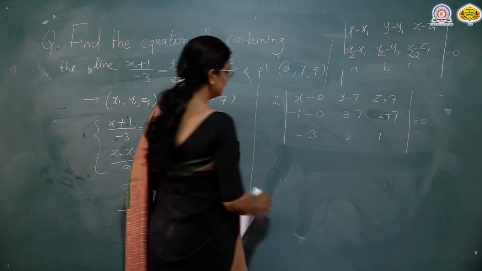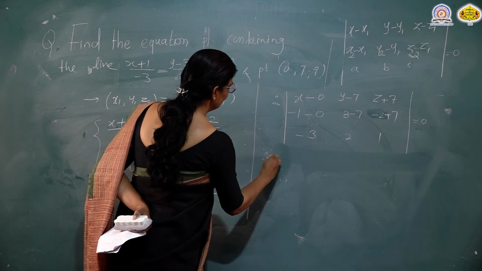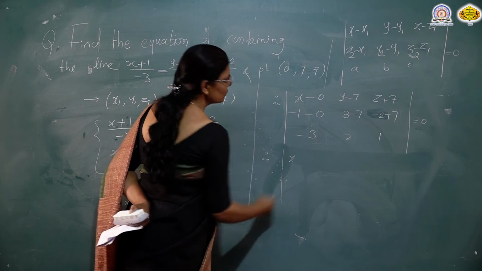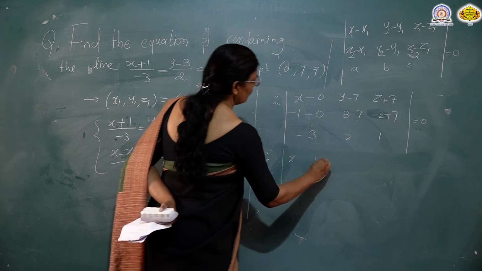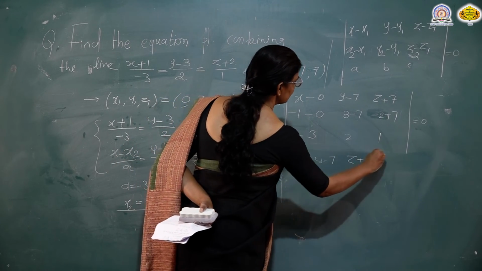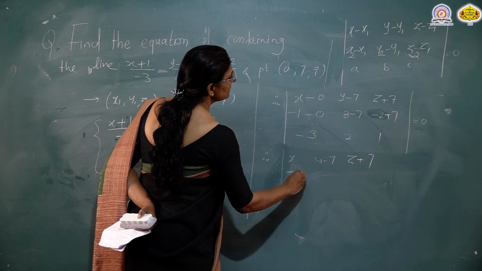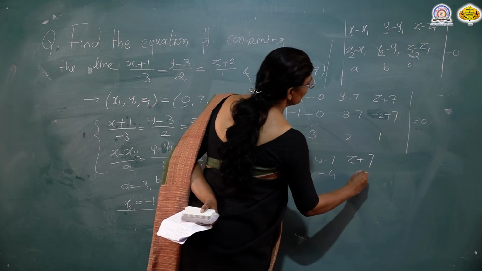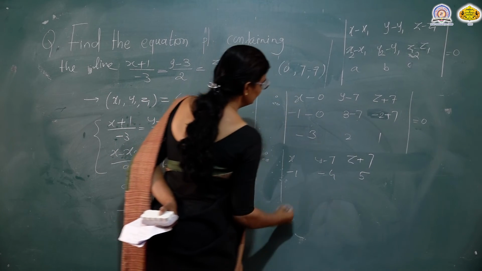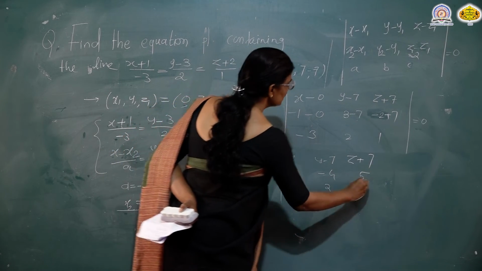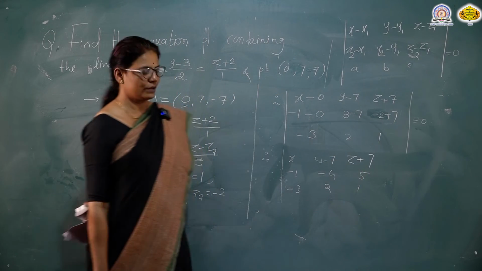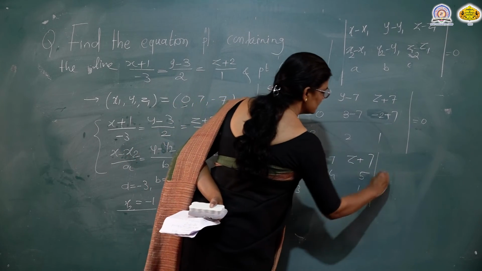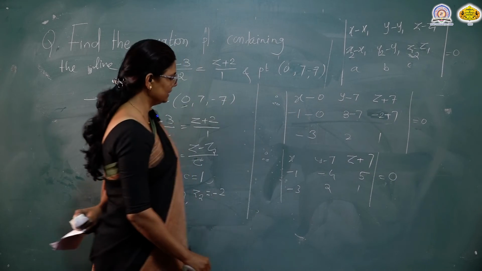Let me first simplify and rewrite the second row. The first row is x, y minus 7, z plus 7. The next row is minus 1, minus 4, 5. The last row is minus 3, 2, 1, equals 0. Now solve the determinant.